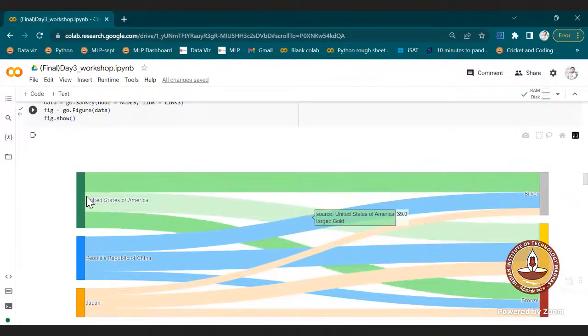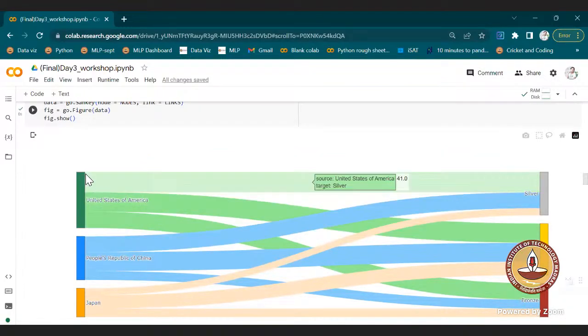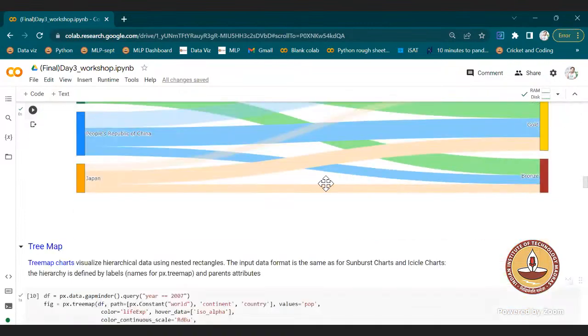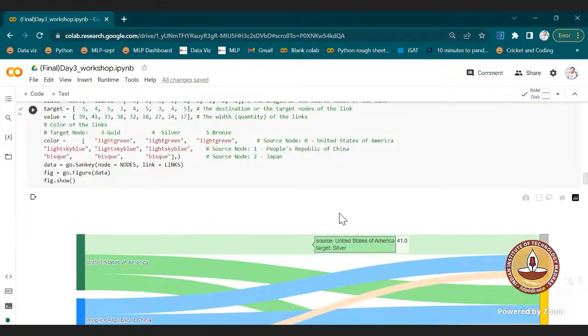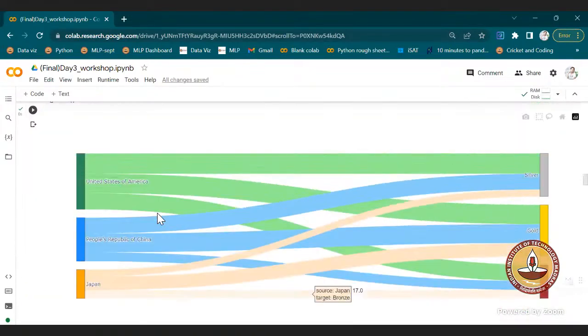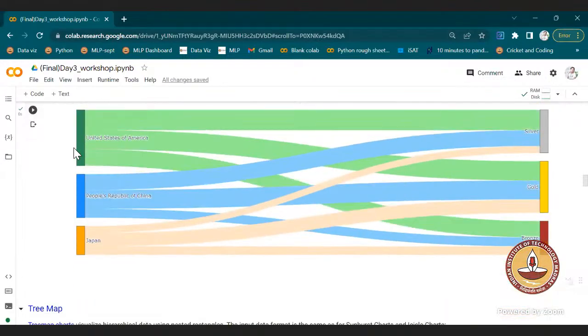You can go with any number of circles, but in Sankey you have one set of source and one set of target. If you convert this into the Sunburst type, you will always have just two circles only.